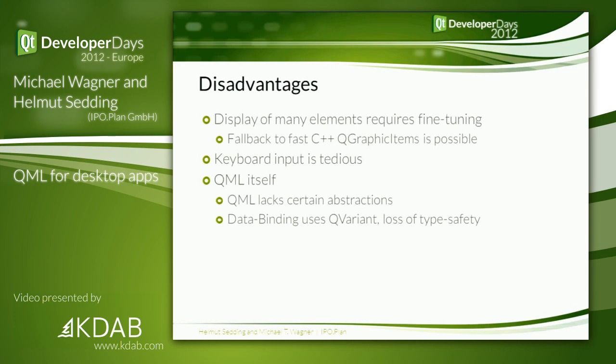I need to really copy the whole objects, deep copy, and I cannot say, okay, almost all is the same, only some properties are different. Another thing is the keyboard input is tedious. And if I do the QObject list models thing, it helps me on the C++ side because I get type checking there, but not on the QML side.